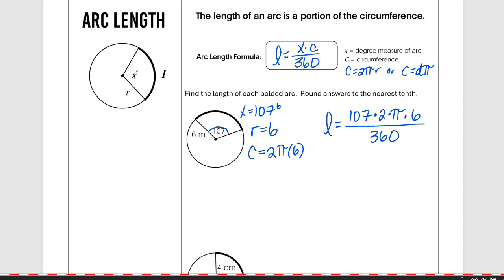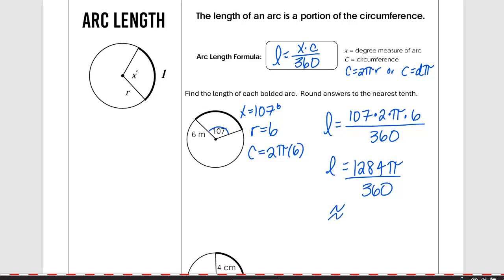Now, we want to simplify this. This is how we show our work on these problems. So calculate 107 times 12, and that's going to give you 1,284 pi divided by 360. I do expect to see this step. It's really important that you write everything out, because if you accidentally calculate it wrong in your calculator, I can still see that you understood what you're supposed to do.